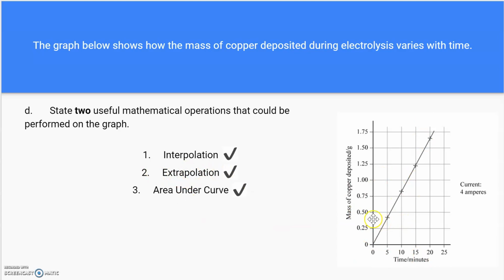Extrapolation, which would mean extending the line and figuring out values that would match the relationship but that are outside of the range of values that is given. And the area under the curve. If you mention any 2 of those 3, you would get the point, either interpolation, extrapolation, or area under the curve. 2 of those 3, and that exercise would be marked as correct.